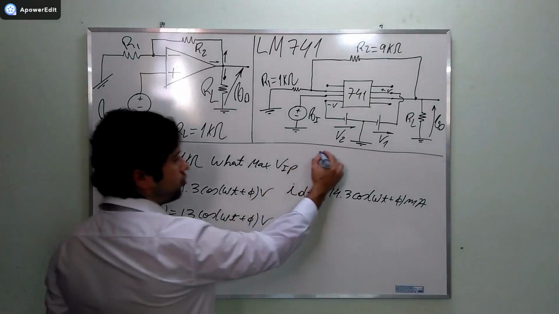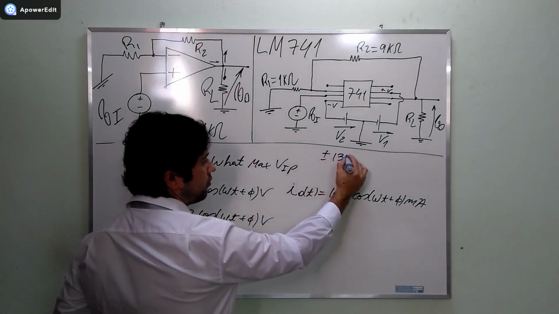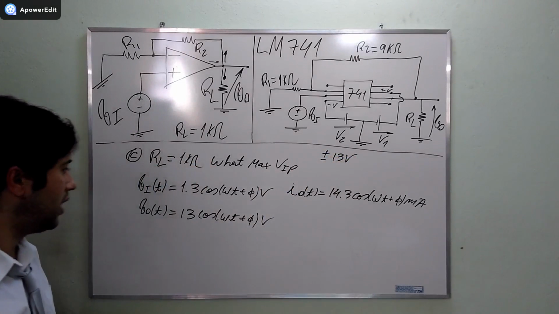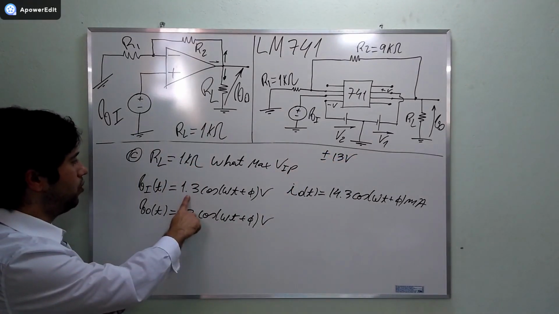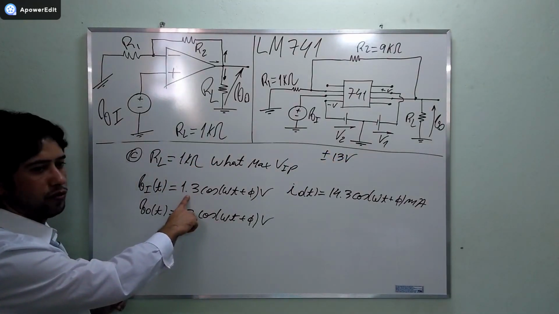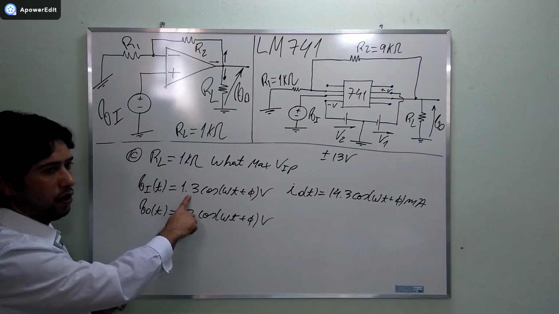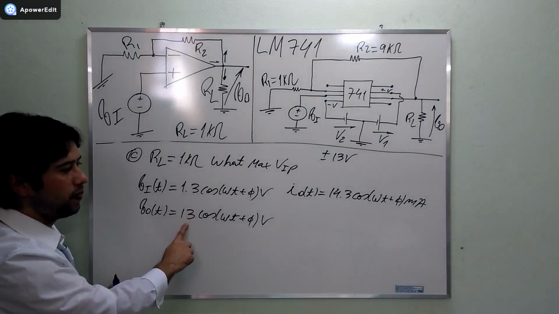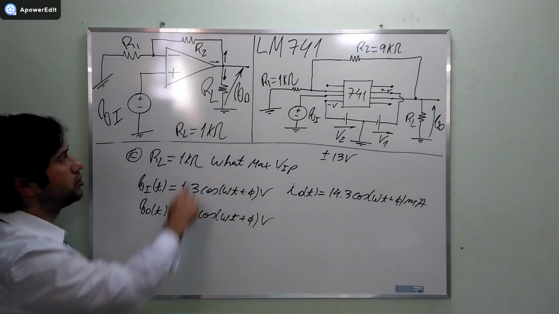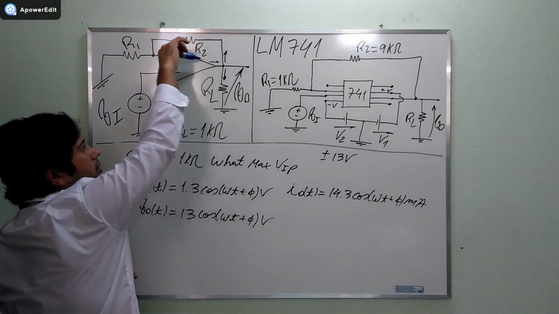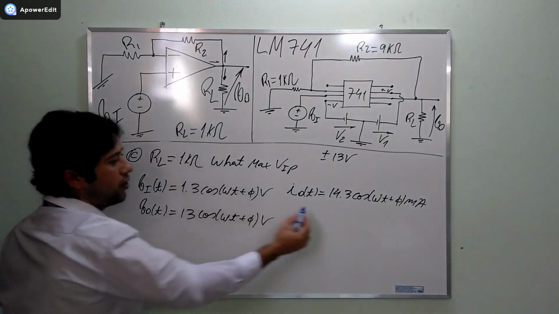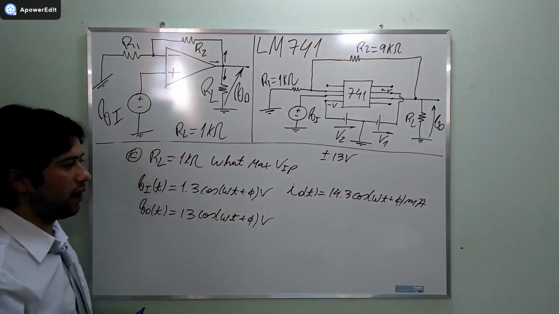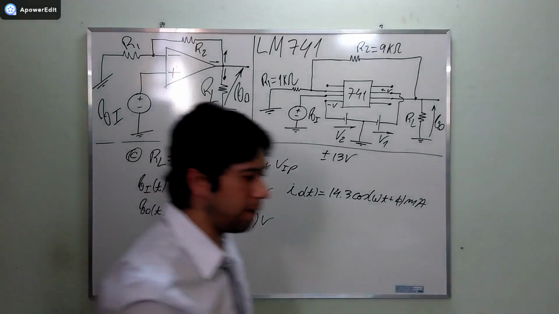If it's going to saturate at plus minus 13 volts, then the maximum value of the input voltage has to be 1.3. When we amplify, it becomes 13. And the current that comes out of the device, this current here, is 14.3 times the cosine Wt plus phi.